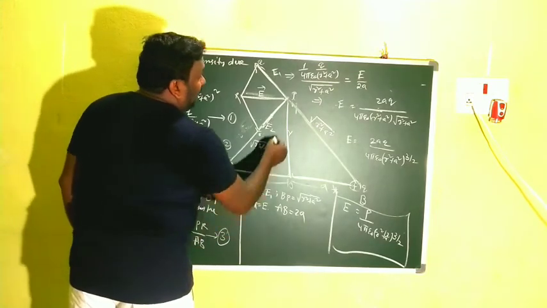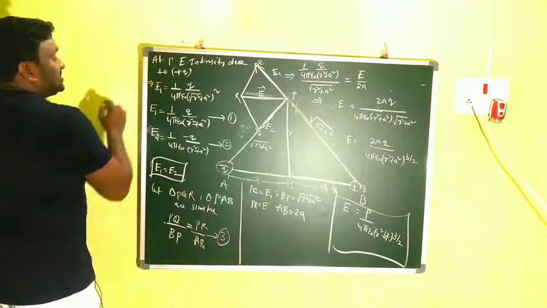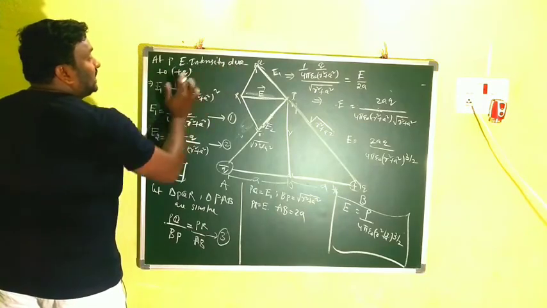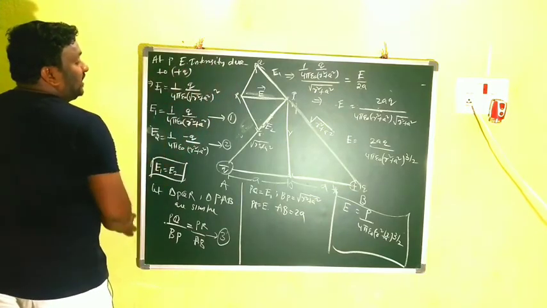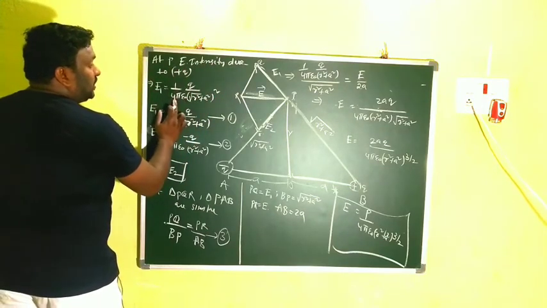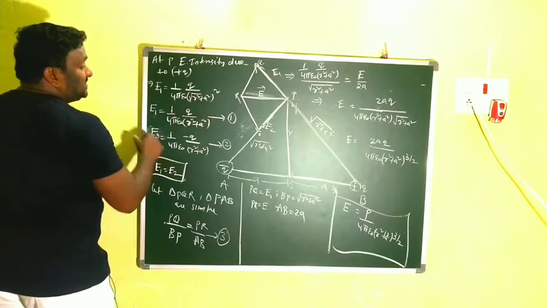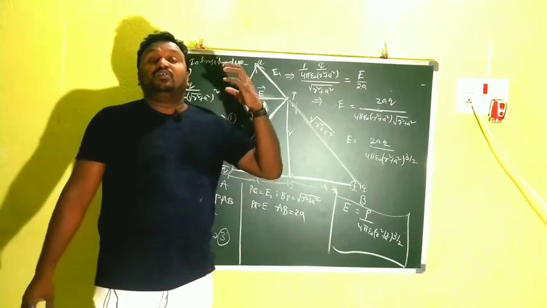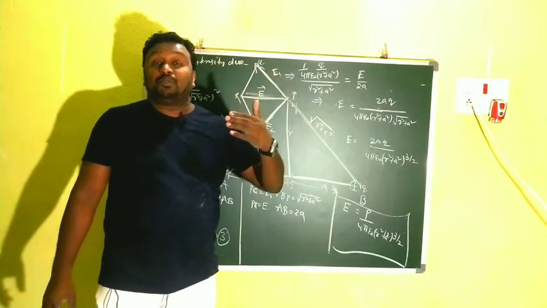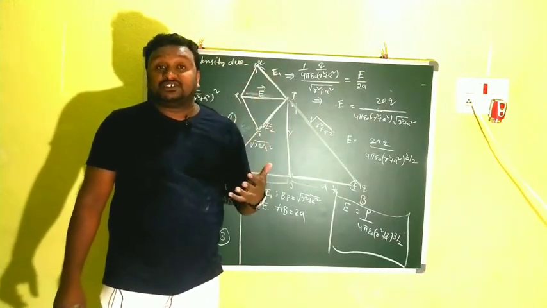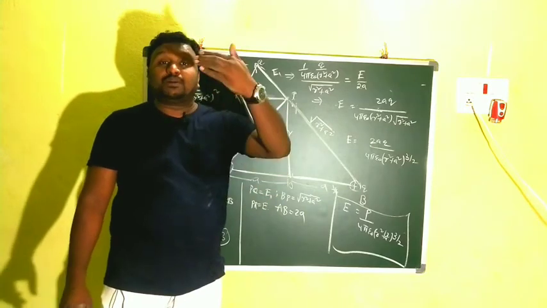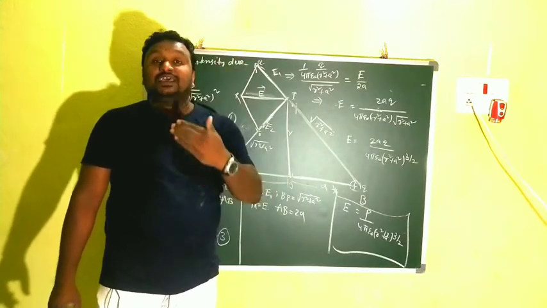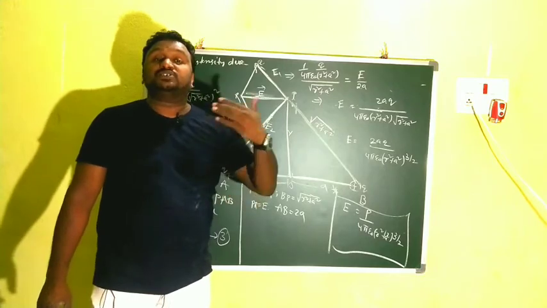Clear? And first, at the point P, the electric field intensity due to the plus q charge is given by 1 by 4 pi epsilon into q by (under root of r square plus a square) whole square. This is when we consider the general equation: electric field intensity due to a point charge is given by E is equal to 1 by 4 pi epsilon into q by r square, where r is the distance from the charge to the point.